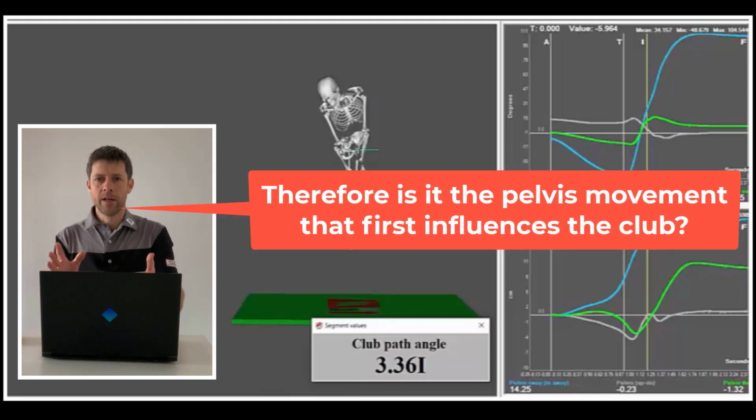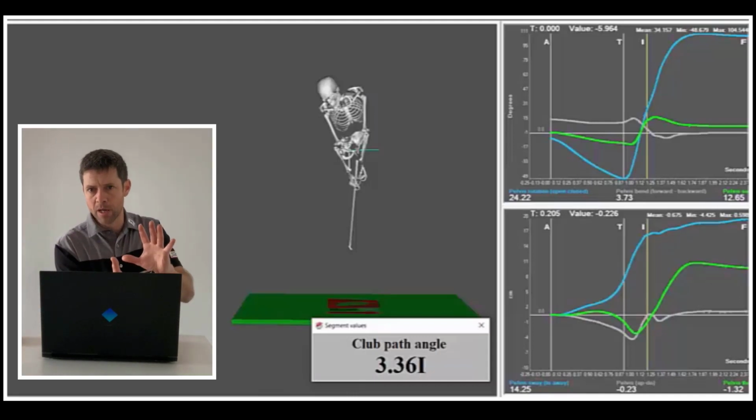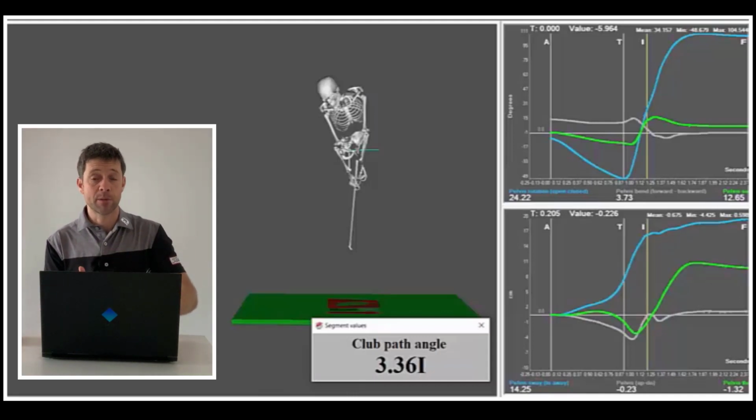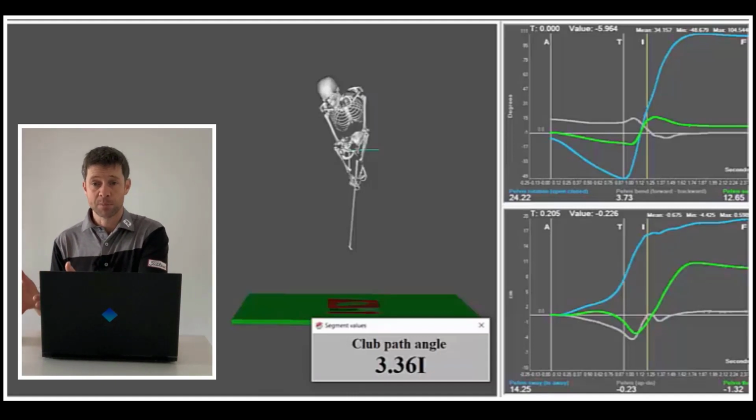So we can look at it that way from a much more extrinsic, deterministic biomechanical observation. When we look at the kinematic sequence, the proximal-distal sequencing philosophy, is it that the pelvis moves because it's the first segment to both move in transition and reach its peak speed, which is then certainly responsible for and influential on why the club moves that way?